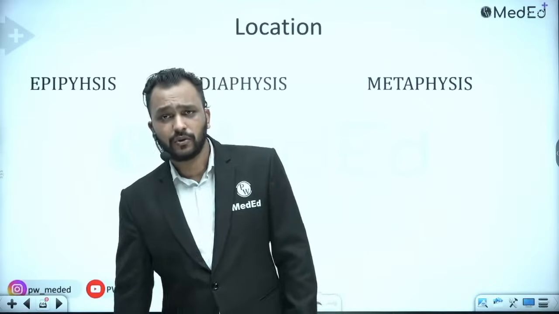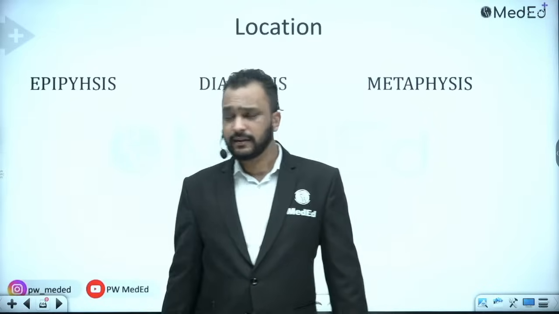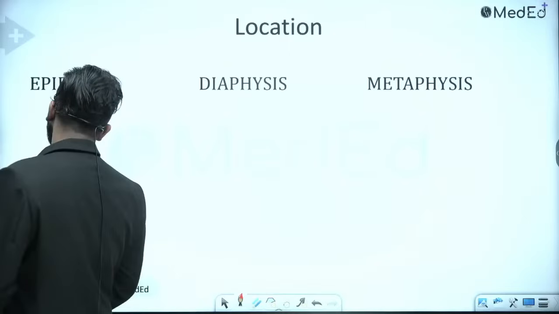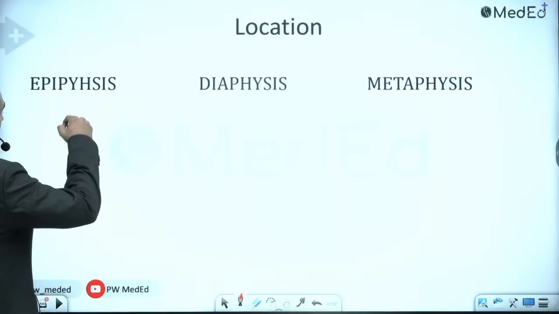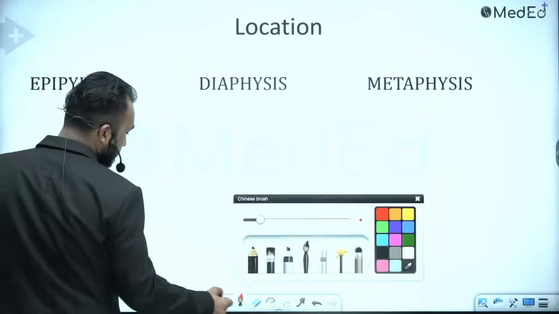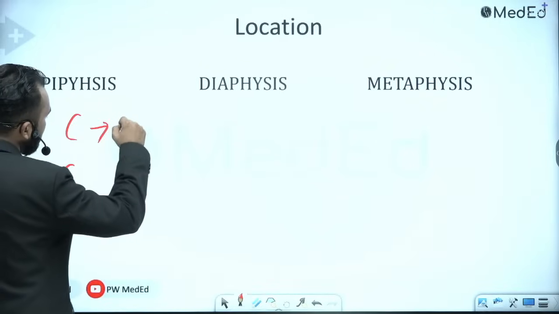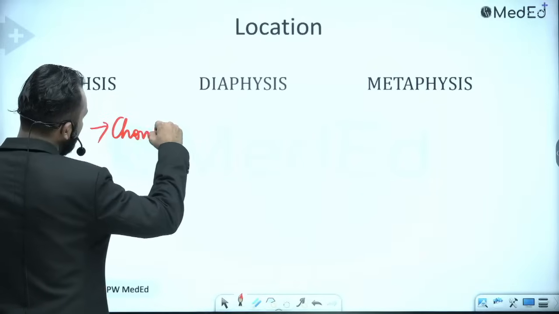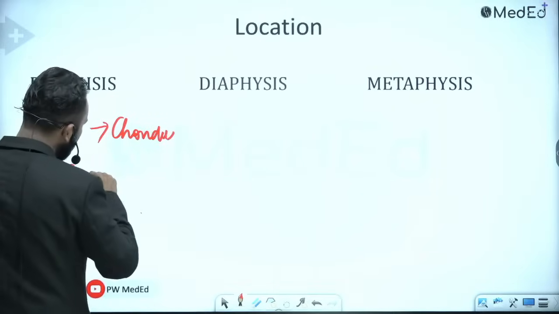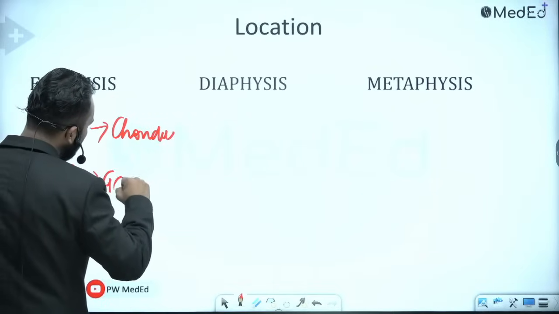So the tumors common in the epiphyseal location, this can be remembered with a mnemonic ECG. So E stands for epiphysis, C for chondroblastoma, G for giant cell tumor.